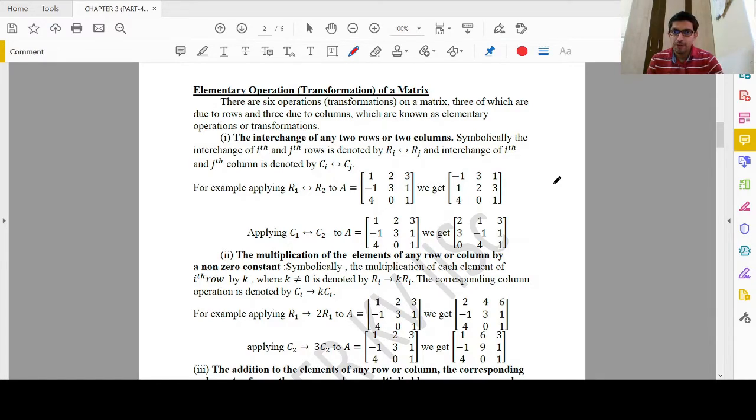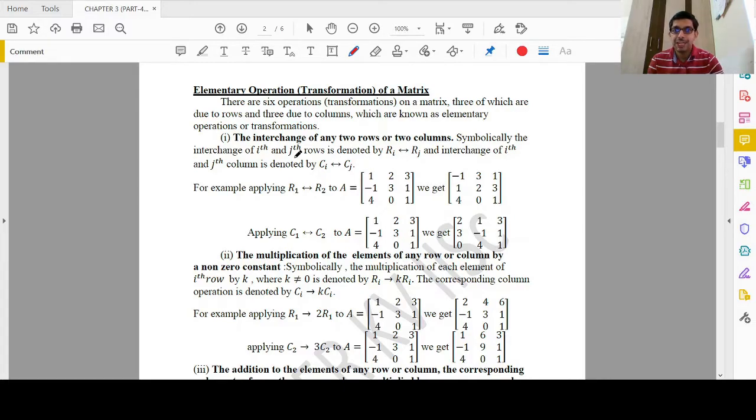Next, let us discuss a method for finding the inverse of a matrix. The method is called elementary operation, that is finding the inverse of a matrix using elementary operation or elementary transformation. There are 6 elementary operations or transformations, 3 of which are due to rows and 3 of which are due to columns.